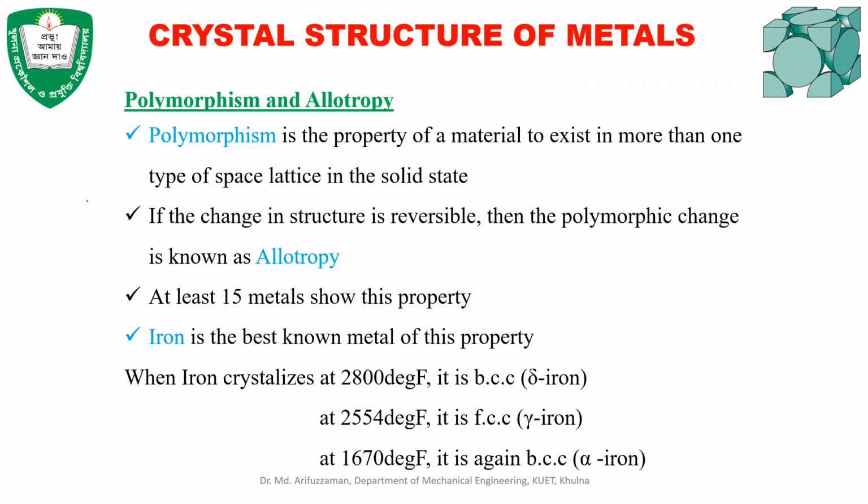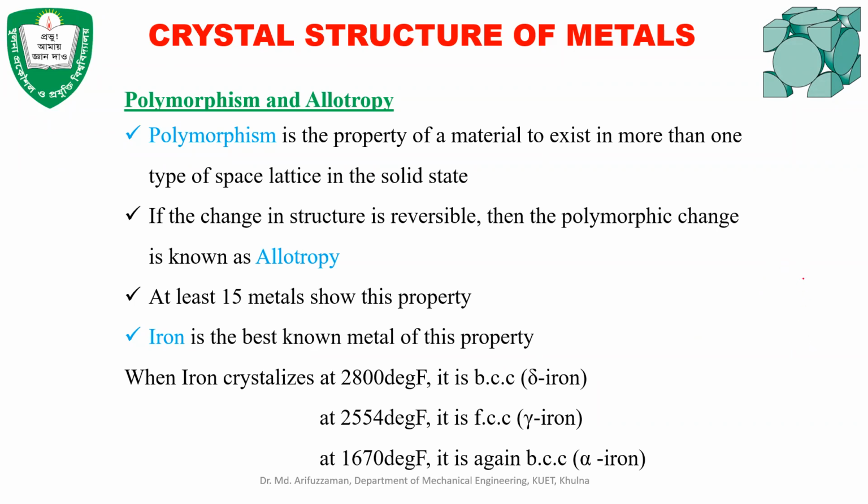What is polymorphism? Polymorphism is the property of a material to exist in more than one space lattice in the solid state. That means sometimes some material can produce different crystal structures inside them. Sometimes it can be body-centered cubic and sometimes face-centered cubic.